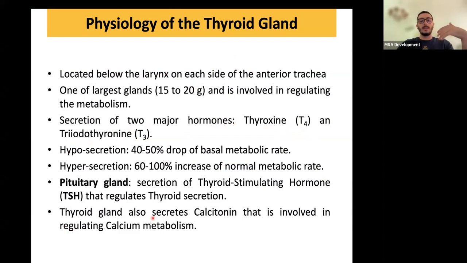What stimulates it? TSH, or thyroid stimulating hormone, starts the synthesis and secretion of T3 and T4. TSH is secreted from the pituitary gland. The thyroid gland also secretes calcitonin from the parafollicular cells, which is involved in regulating calcium metabolism. There are a couple of slides dedicated to calcitonin. I will refer to them soon, inshallah.